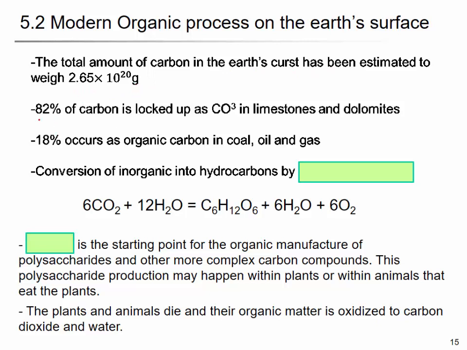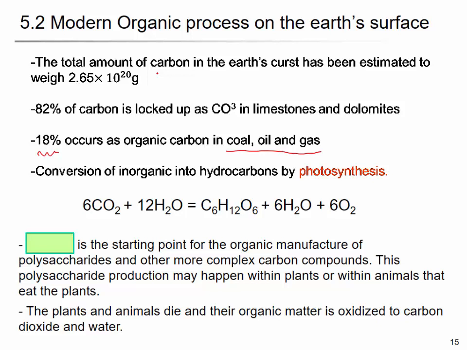And 82% of carbon is locked up as carbonate in limestone and dolomite. And 18%, the rest of it, occurs as organic carbon in coal, oil, and gas. So this includes the coal and the petroleum together. And conversion of the inorganic into hydrocarbon is photosynthesis.